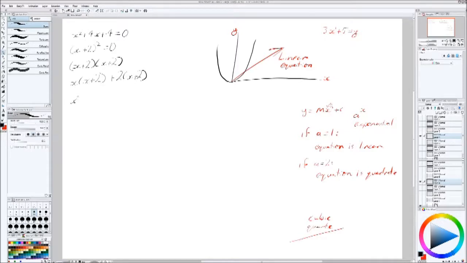So x times x is x squared, and then x times 2 is 2x, and then 2 times x is 2x, and then 2 times 2 is 4, which then gets simplified down to x squared plus 4x plus 4. And all of these equal 0.